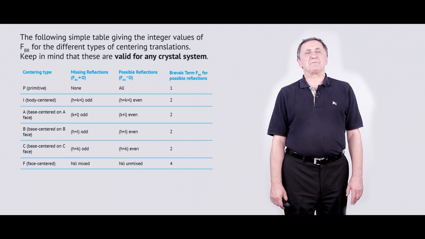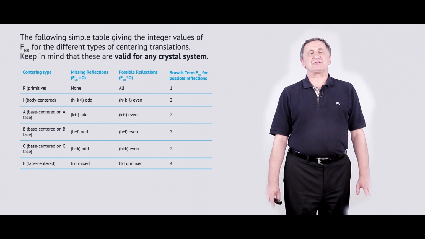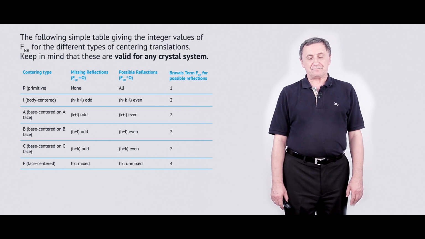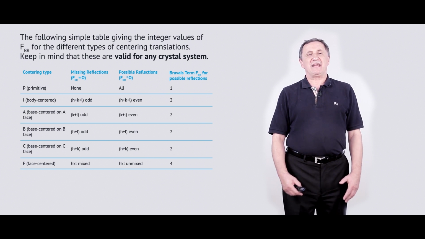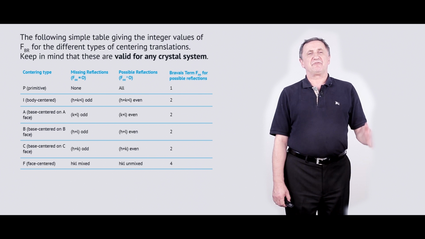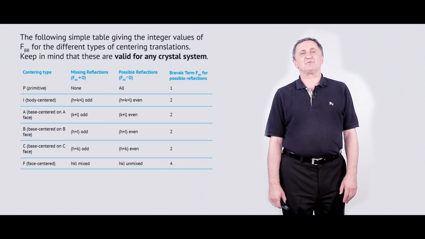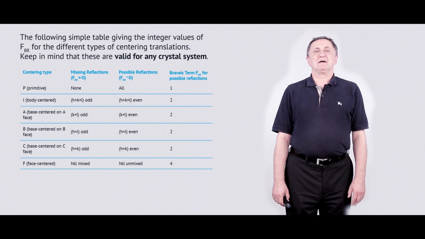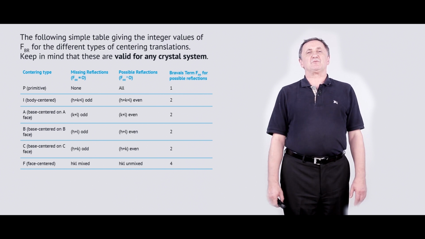So in the case of the primitive cubic structure, there is no restriction in the interference from any kind of planes inside the primitive cubic structure. So it means that indeed the first one will be 1, 0, 0, second one 1, 1, 0, third one 1, 1, 1, and so on.